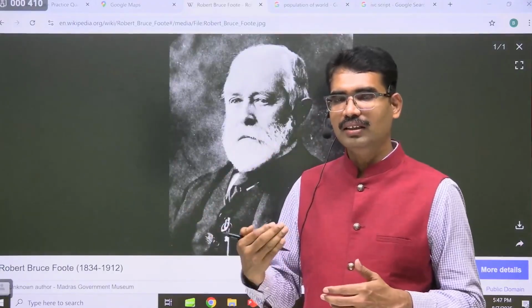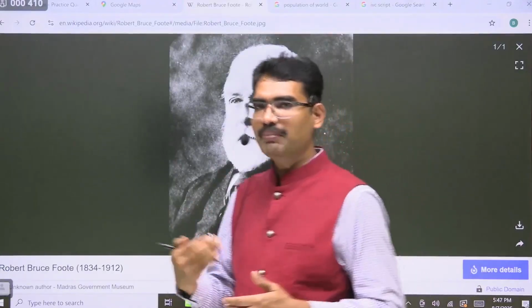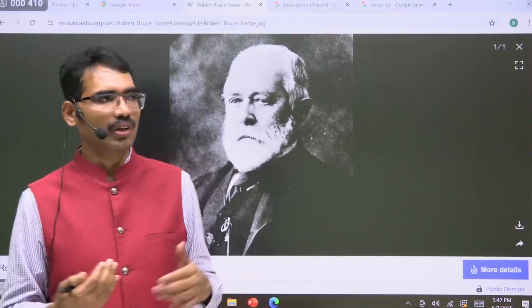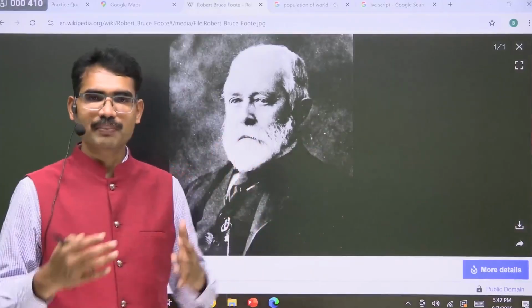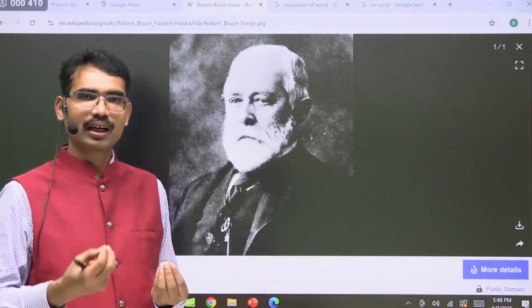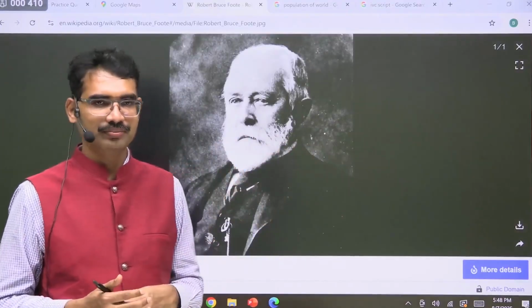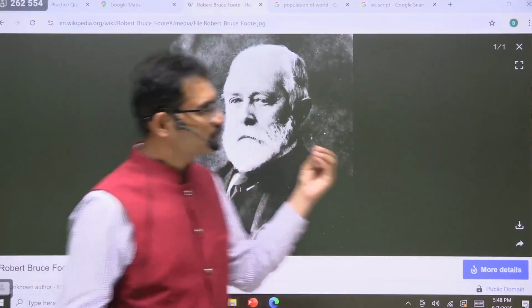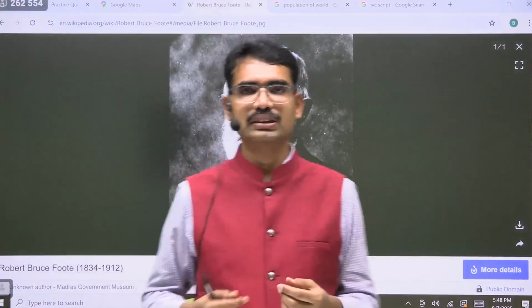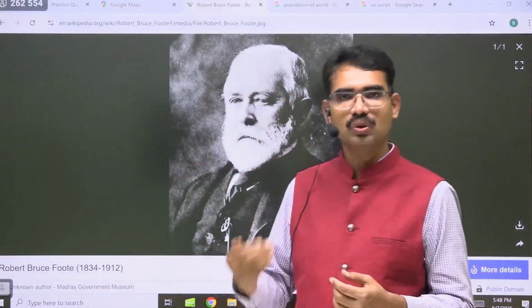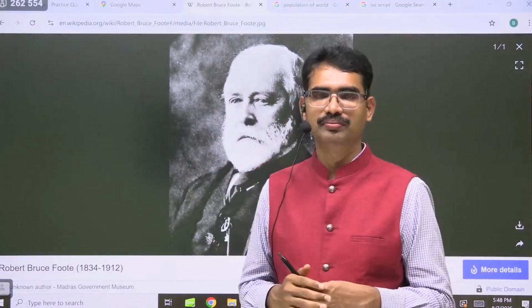Then on the time scale, in archaeology there are various methods to identify the time period of any particular archaeological object. It came out to be one of the oldest Paleolithic tools in India.